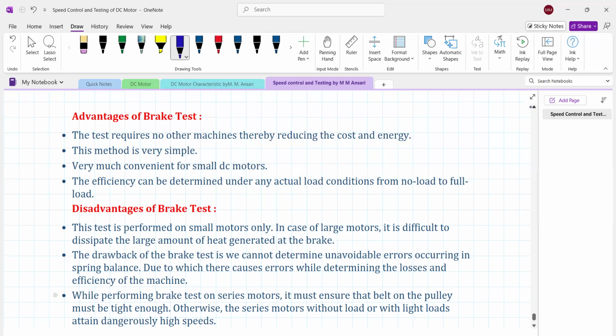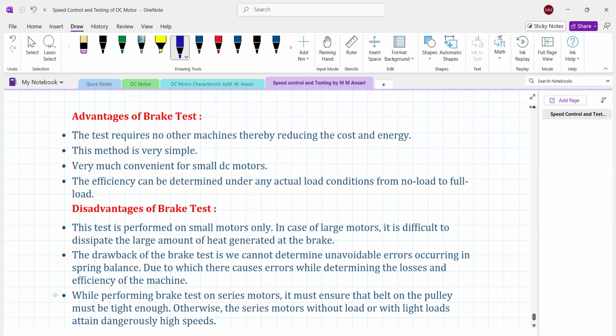This is a difficulty especially for the DC series motor, because a DC series motor cannot be run even for a small time, or for a longer time, at no load condition. Otherwise, it will pick up dangerously high speed.